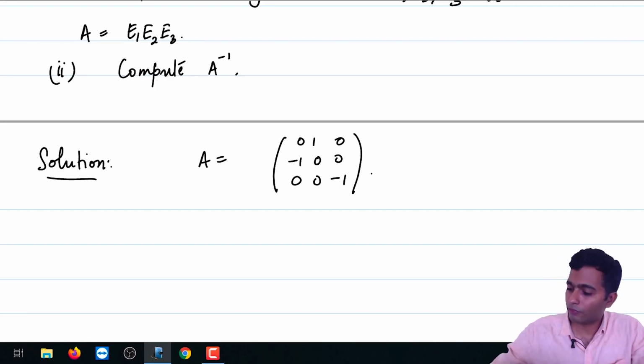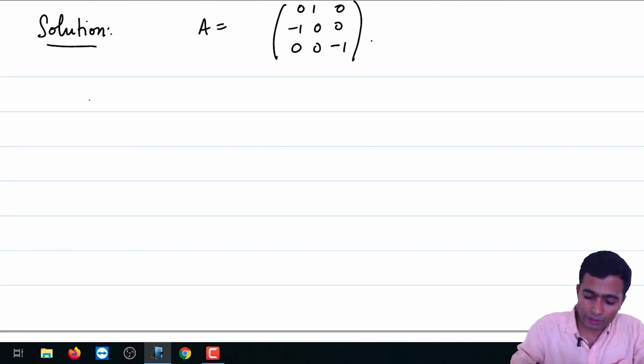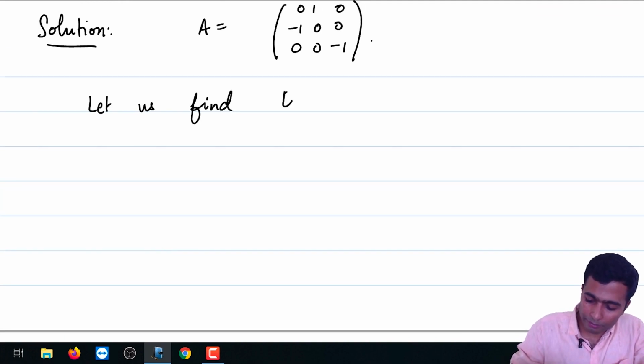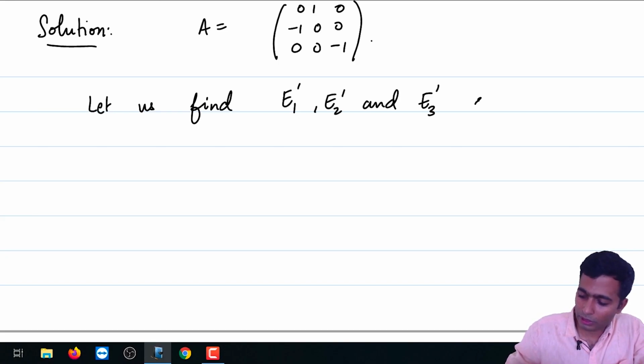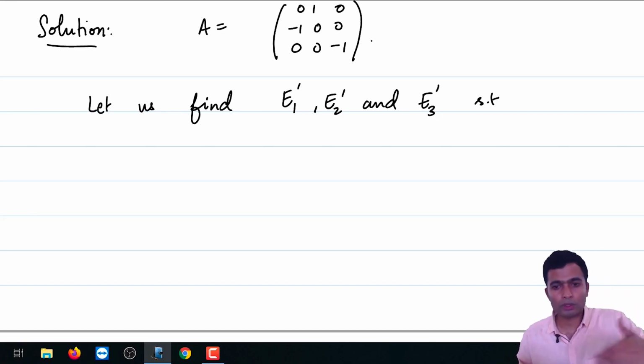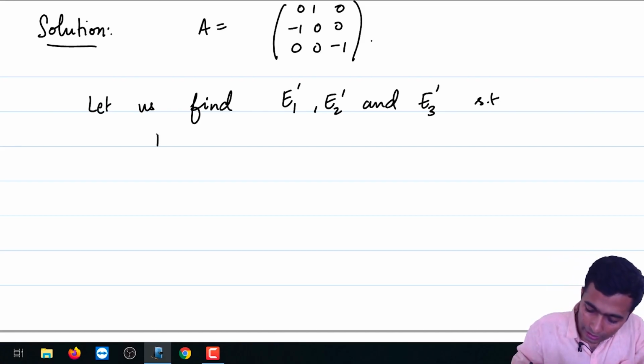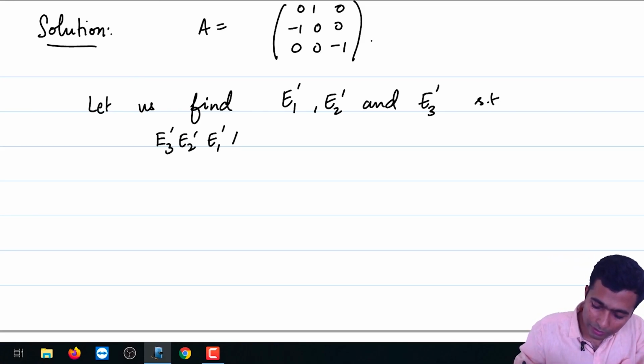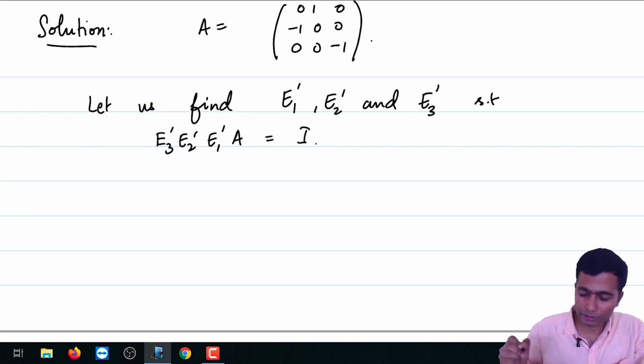So the strategy we would follow is the following. Let us find E1 prime, E2 prime and E3 prime such that after doing a row reduction of A, we will get the identity, such that E3 prime, E2 prime, E1 prime times A is the identity matrix.